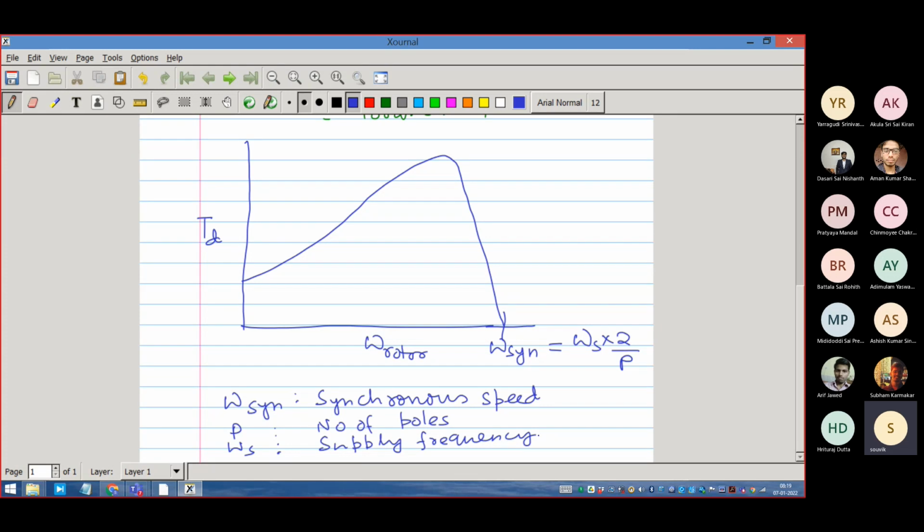So don't be confused by that. Omega s is equal to 2 pi f, where f is the supply frequency with which the induction machine is driven, the frequency with which the voltage appears across the machine terminals.